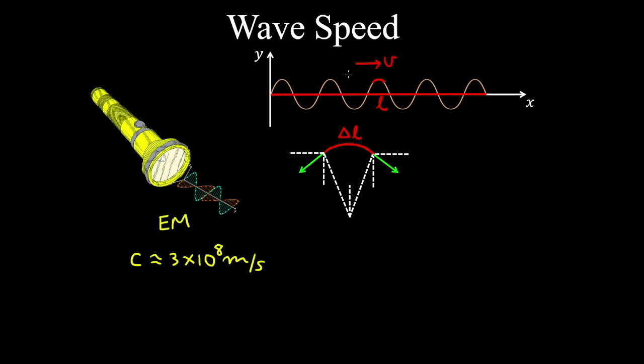So before sending a disturbance through this string, suppose a tension force was applied to the string. And while this tension force was in the string, the string was plucked up and down continuously at one end, and this wave propagated through the string.